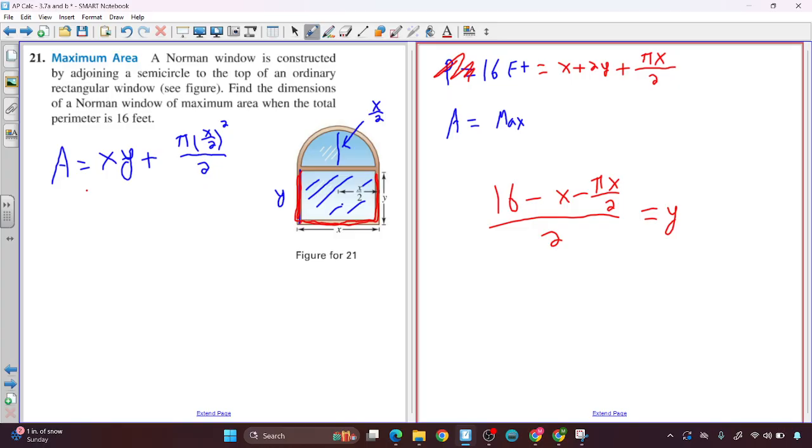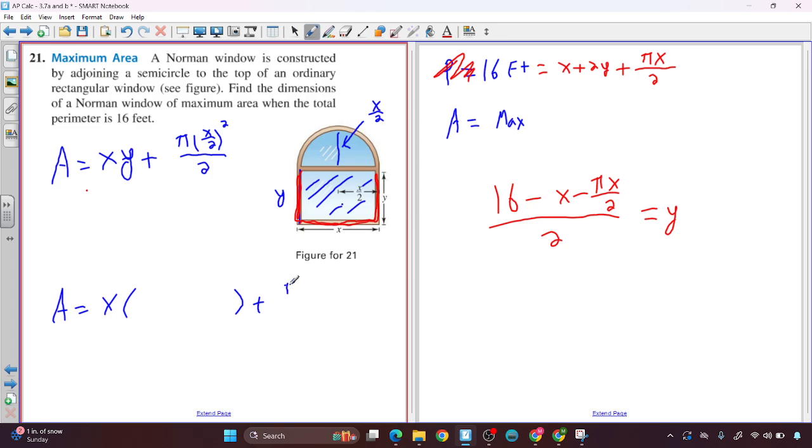So let's see if we can rewrite the area with that in it. I'll make this pi x squared over 4, and then that's divided by 2, so I'm going to make this divided by 8.